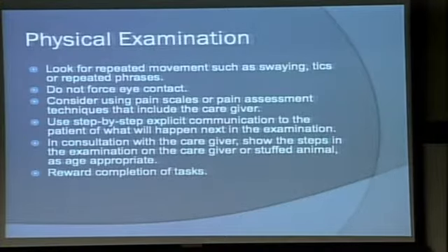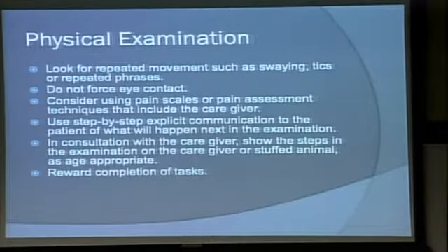Consider using pain scales or pain assessment techniques that include the caregiver. Use step-by-step, explicit communication to the patient about what you're going to do next. If the caregiver will help you, show the steps of your examination. Don't just jump on the kid and start checking.